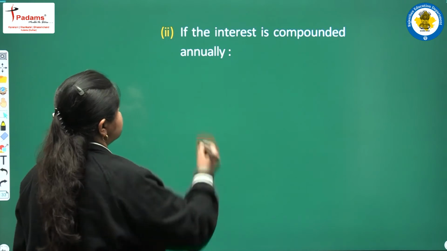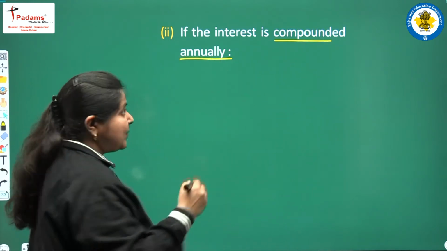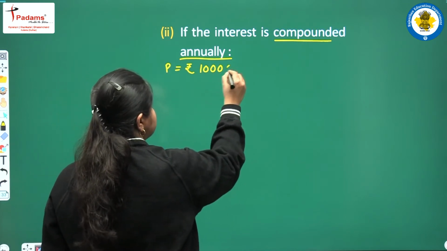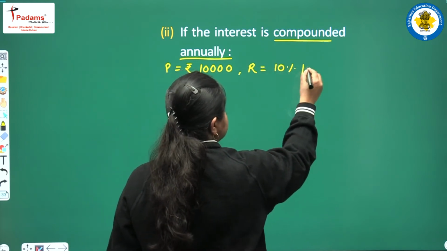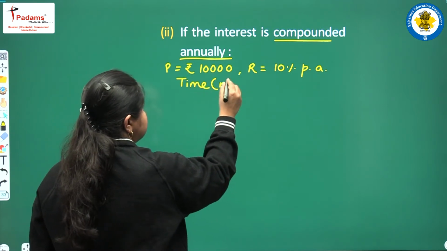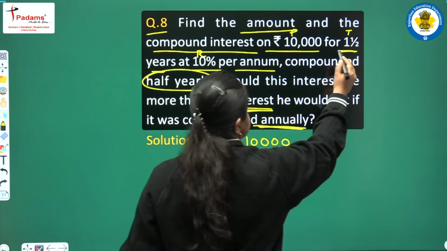Next we find the interest if it is compounded annually. तो हमारा प्रिंसिपल तो वही है रुपीस 10,000. रेट हमारा है कितना 10% पर एनम, और टाइम हमारा कितना है. Let us go back and just have a look at the question. Time is 1.5 years.